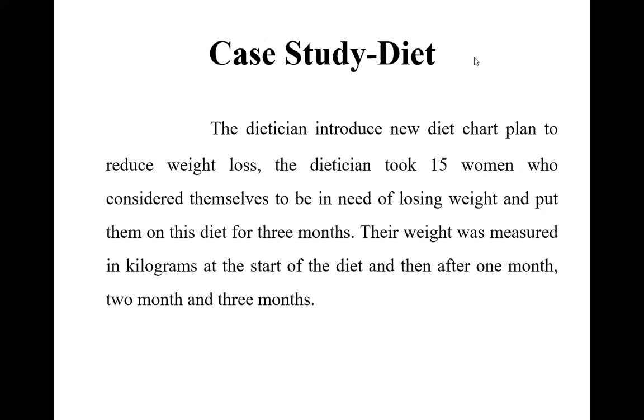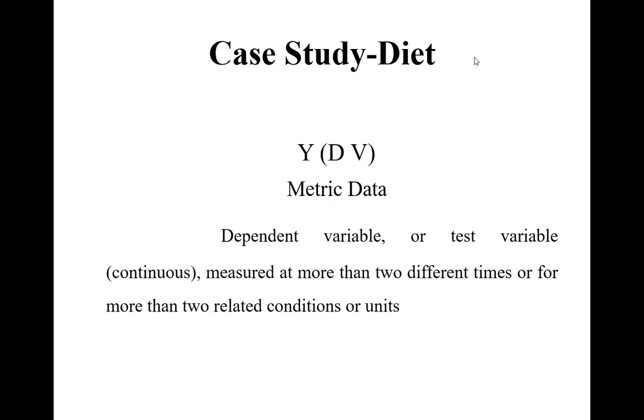The dietitian took 15 women who considered themselves to be in need of losing weight and put them on this diet for 3 months. Their weight was measured in kilograms at the start of the diet, and then after 1 month, after 2 months, and after 3 months. So we observed the same respondent 4 times. That is why we will use repeated measures.